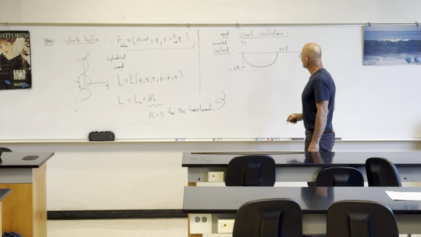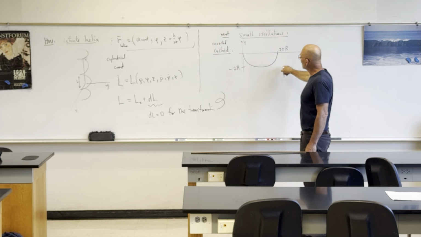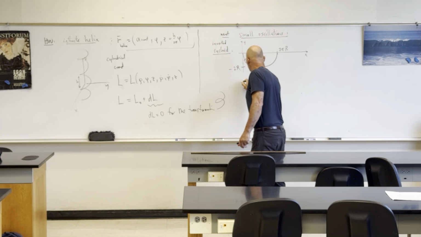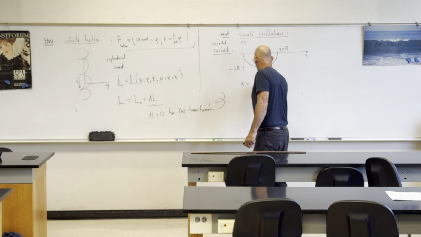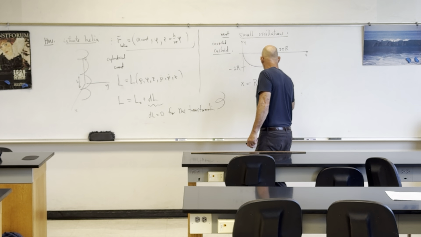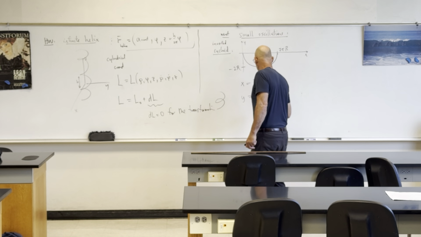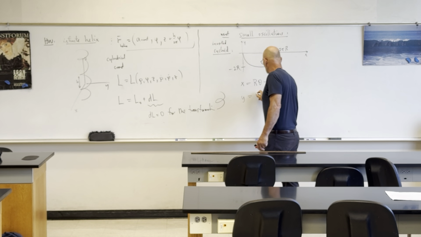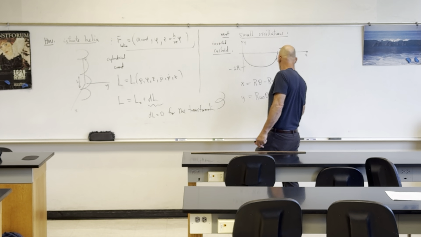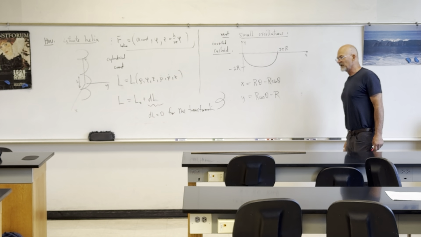And since we've derived this before, I'll just write this: x equals r theta minus r sine of theta, and y equals r cos theta minus r. So we've seen this before.